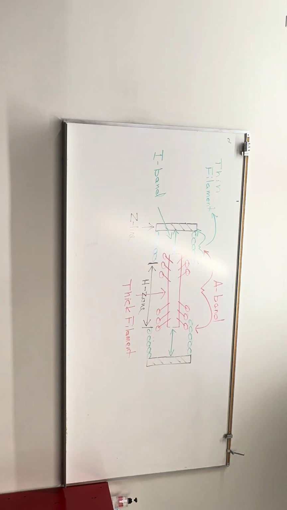And so our modern day mechanism by which muscles contract or lengthen is that the lengths of our thick and thin filaments do not change. It's simply that these filaments are sliding past one another due to the attachment or detachment of our molecular motors. That's the sliding filament model.